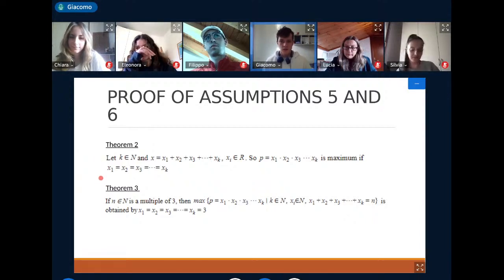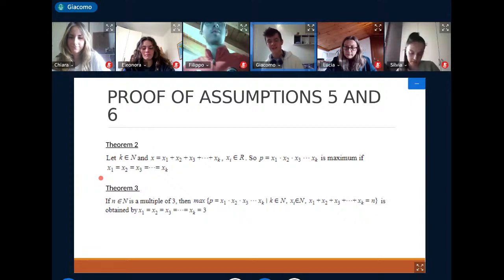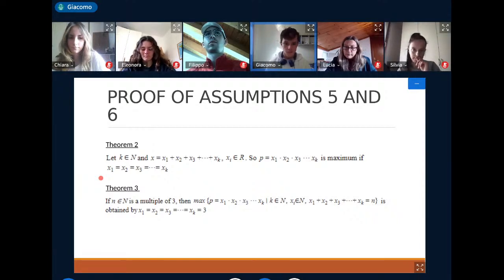We've got that P, the product of all the k addends, is the maximum just in the case that all the k addends are all the same, and this can be proved.